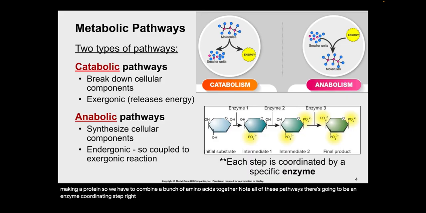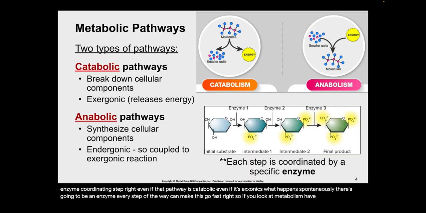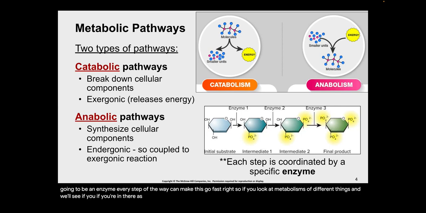All right? Even if that pathway is catabolic, even if it's exergonic, so it happens spontaneously, there's going to be an enzyme every step of the way to make this go faster. Right? So if you look at metabolism, you could have hundreds to thousands of different enzymes involved here. And we'll see a few here and there as we talk about cellular respiration.